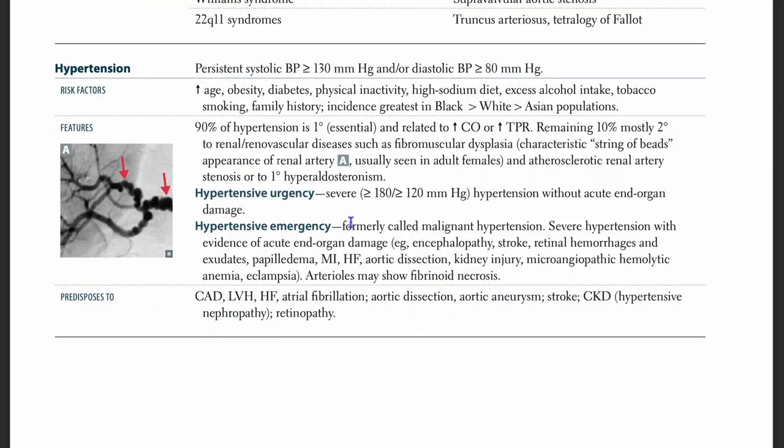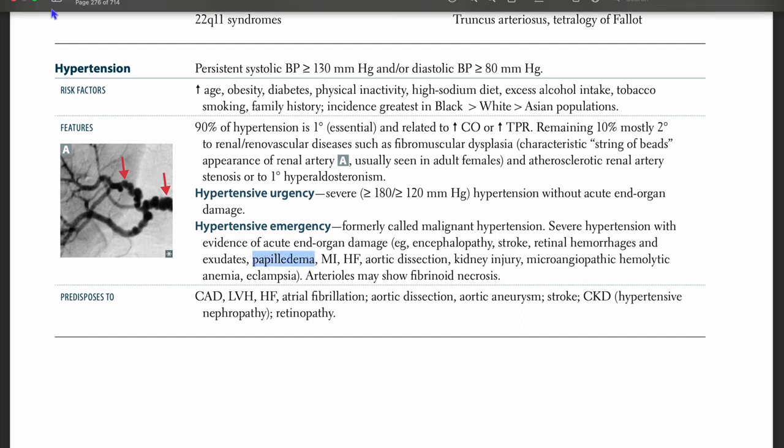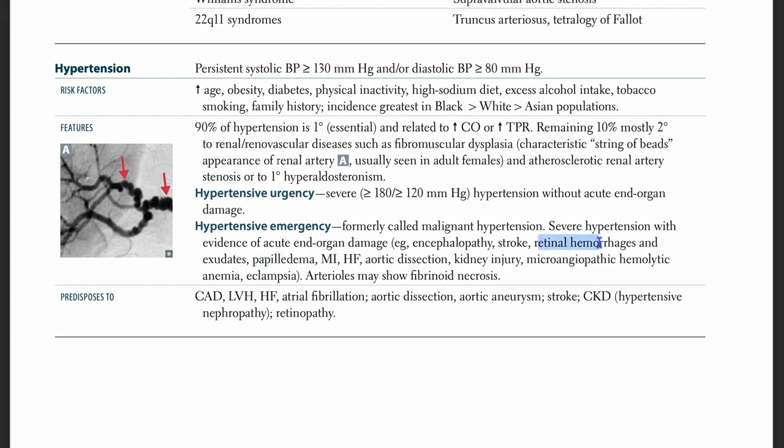Okay. So formally called malignant hypertension: severe hypertension with evidence of acute organ damage, for example encephalopathy, stroke, renal hemorrhage, and exudate, papilledema. This is one of the giveaways. They'll tell you there's papilledema or increased pressure in the eye or something like that. If you have retinal hemorrhage, you gotta look out for that as well.